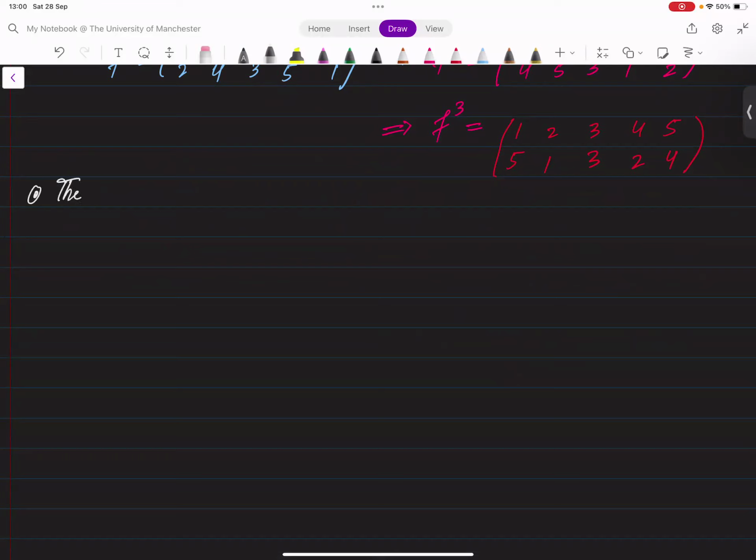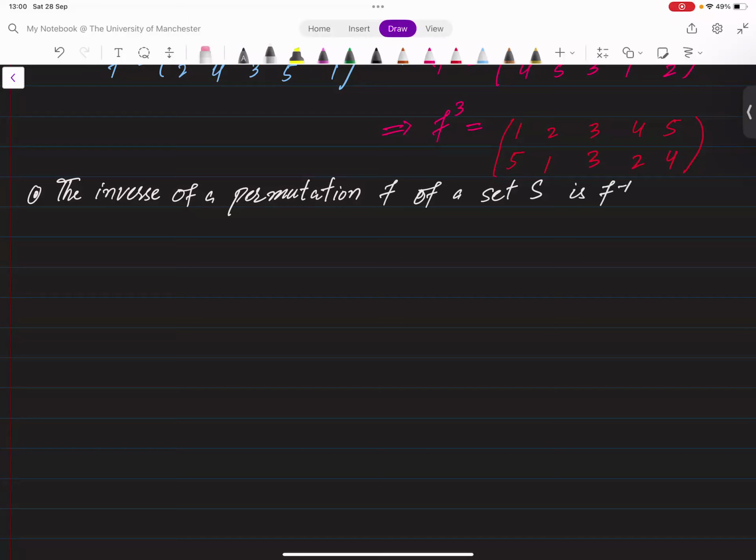The inverse of a permutation f of a set S is also a function, a bijective function, which is f inverse, sending everything back to where it came from.